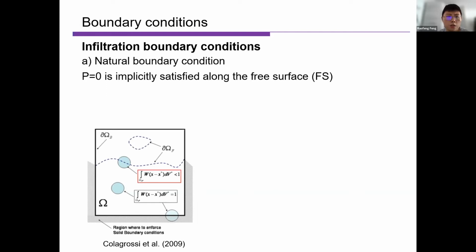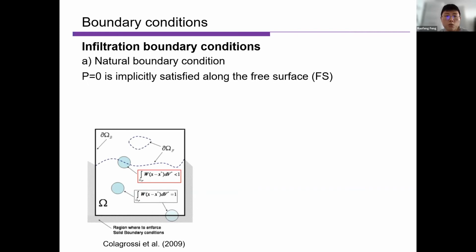Zero pressure in the theory of unsaturated soil means that it is a fully saturated condition. So it will enable the water infiltration. It has an advantage because it does not require extra computational effort, but it does have a limitation because we cannot investigate the influence of rainfall intensity and rainfall duration.